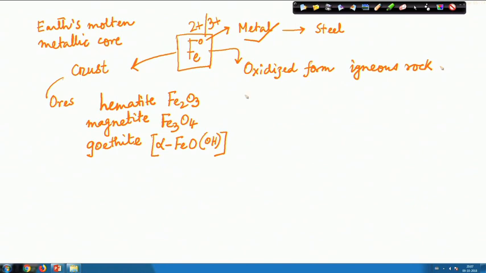We know that very old industries in our country are the iron and steel industries, like IISCO, Indian Iron and Steel Company, and then TISCO. All these old companies deal with iron as well as making steel, because these were the most useful materials at that point, when plastics and other materials were not of that much use.